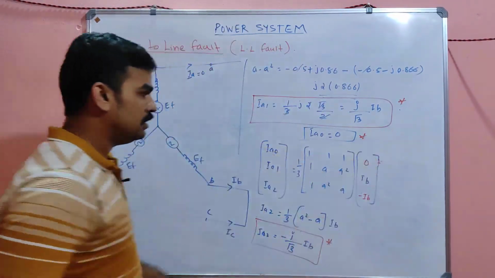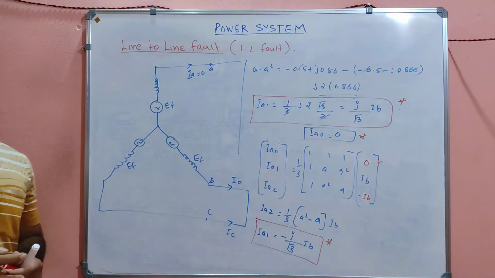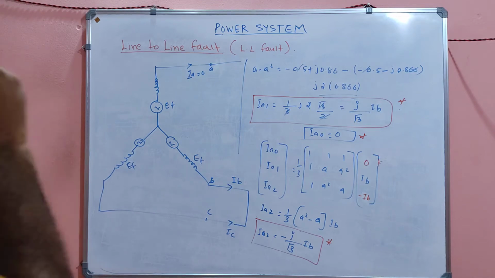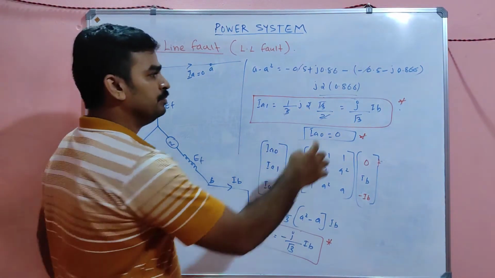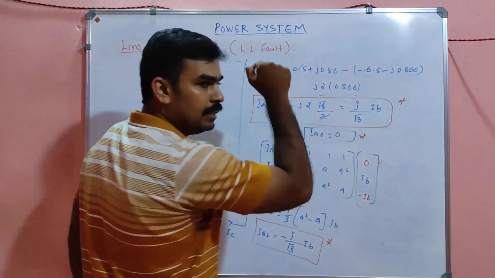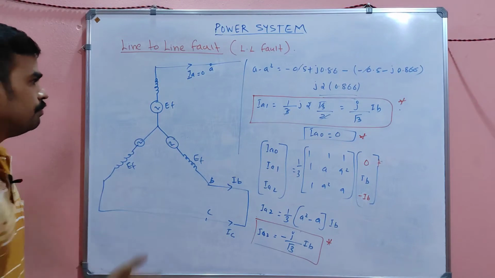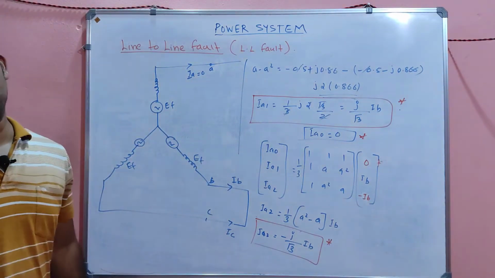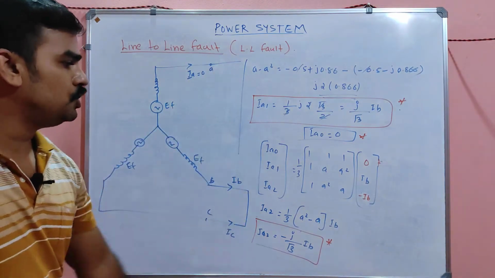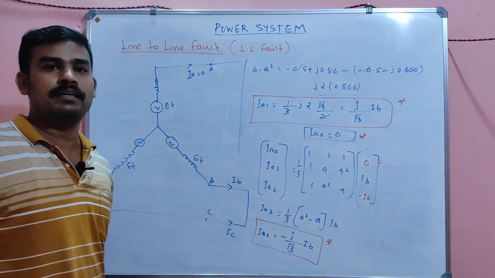So three results we can derive from that. The positive as well as negative sequences are equal and opposite, J by root 3 into IB and minus J by root 3 into IB, and the zero sequence component is not there because there is no ground connection at all. This is the beautiful result from the double line fault.